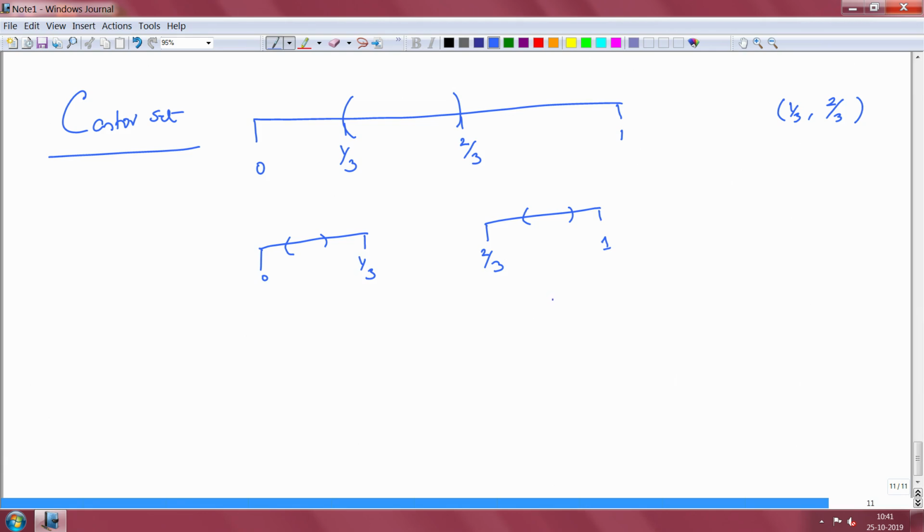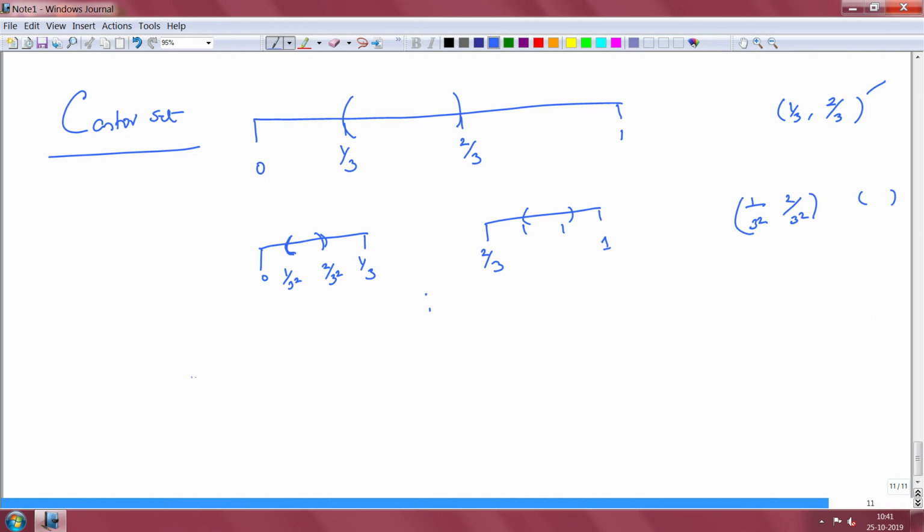So this would be 0, 1/3 squared, 2/3 squared and 3/3 squared, which is 1/3. So you are throwing out the interval from 1/3 squared to 2/3 squared, and similarly another interval. So you have thrown out 2 intervals of length 1/3 squared here, whereas before you had thrown out 1 interval of length 1/3, and so on.